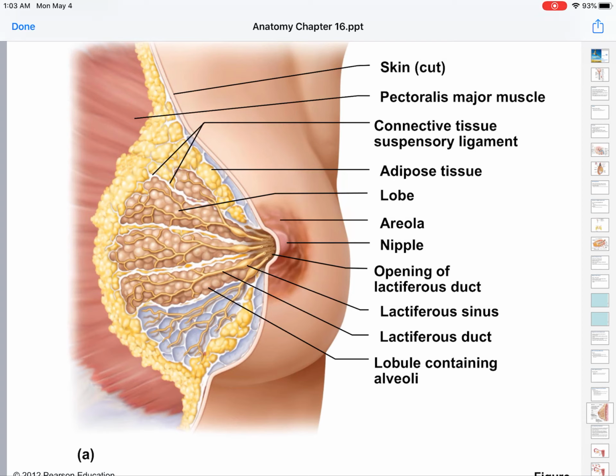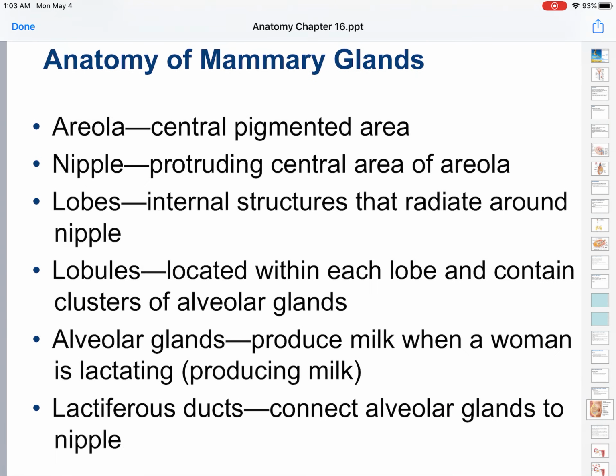Then you have these alveolar ducts, and you have the lobules and the lactiferous ducts, all producing milk and leading outwards, ending at the nipple, which the child is able to get milk out of during production.